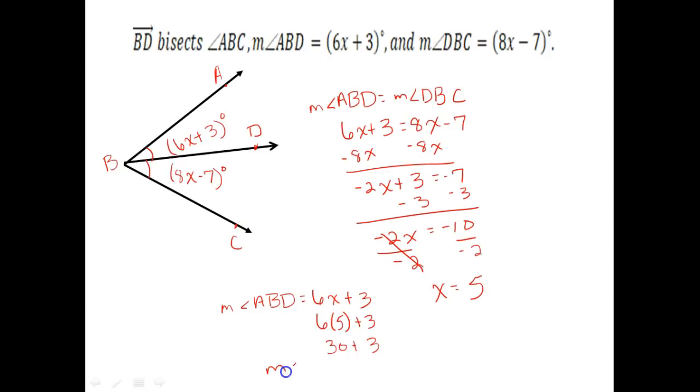So the measure of angle ABD is 33 degrees. So now I know this angle is 33 degrees. Since it's bisected, this angle is also 33 degrees. So the entire angle is 66 degrees. So it's all depending on what I'm asking for.